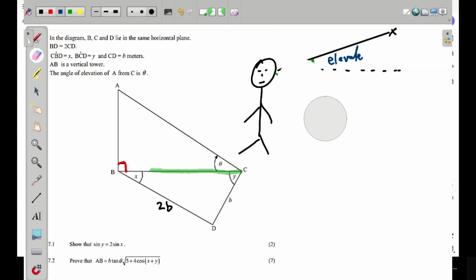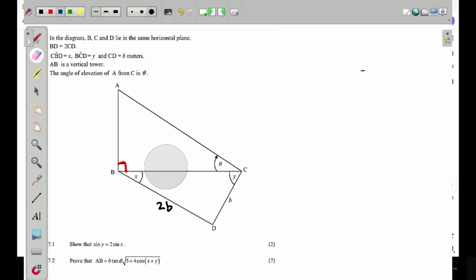Let's do this. We want to prove that sine y is equal to 2 sine x. One other thing which students battle with is which triangle am I going to work with? And I usually say, folks, this thing is so easy, you're going to hit hard on yourself.